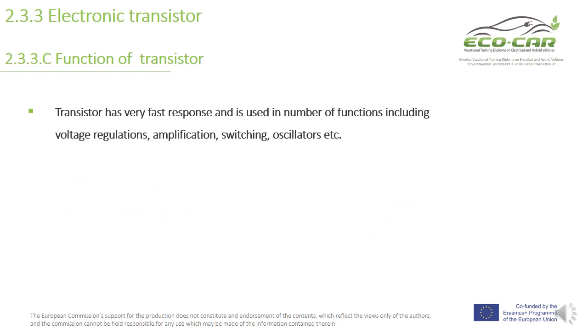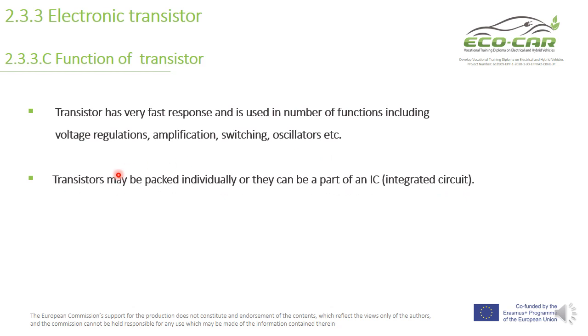Function of a transistor. A transistor has a very fast response and is used in a number of functions, including voltage regulation, amplification, switching, oscillators, etc. Transistors may be packaged individually, or they can be part of an IC, integrated circuit.